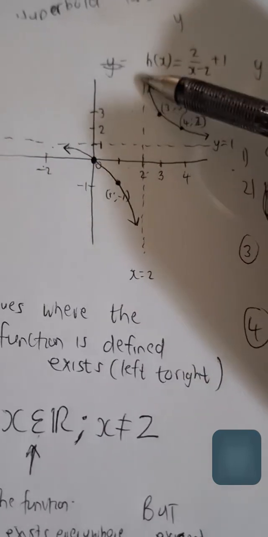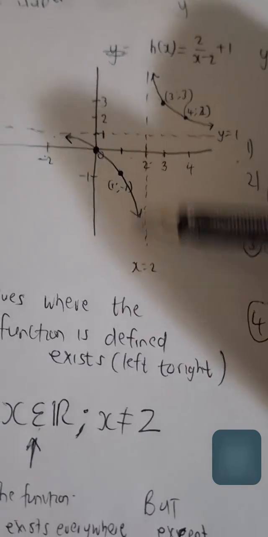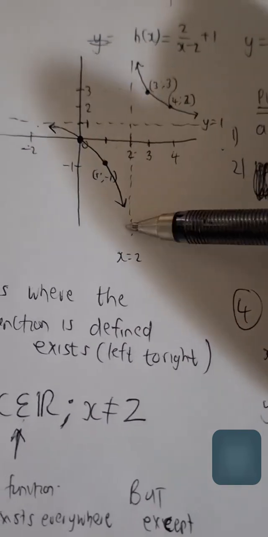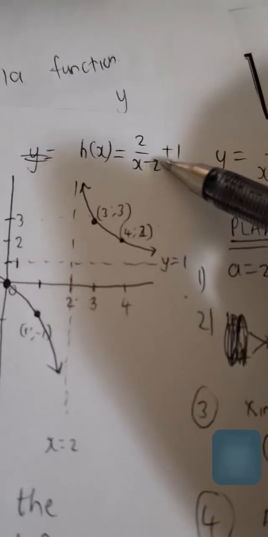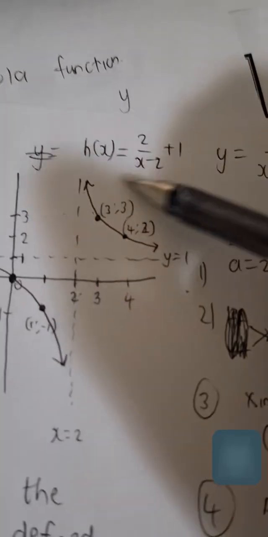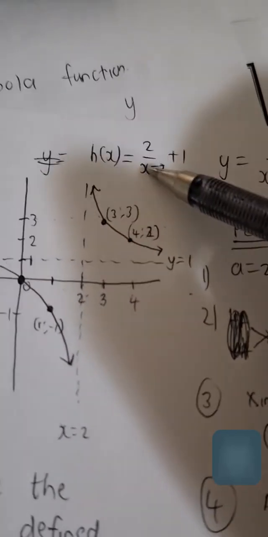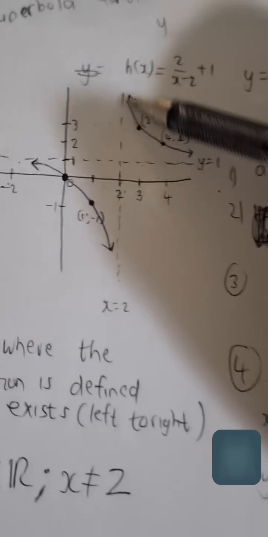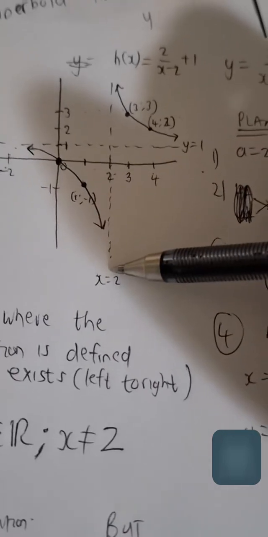The exception is always located on the vertical asymptote, where the function does not exist. And obviously, as I told you, that's this denominator. The x value that you substitute here, which will lead to the denominator being 0, is the exception.